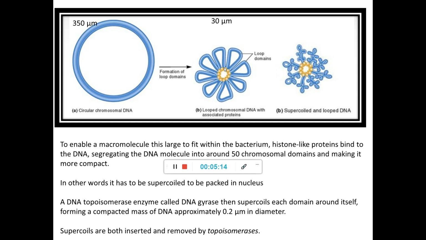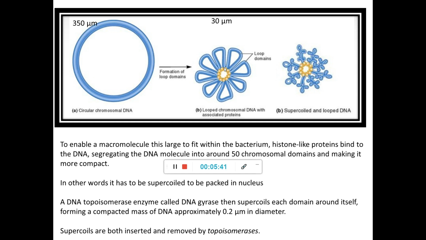To make this happen, there are certain proteins, and further, to make it more supercoiled, you need the help of certain proteins such as the DNA topoisomerase enzymes called the DNA gyrase. DNA gyrase supercoils each domain around itself, forming a compacted mass of DNA which is approximately 0.2 micrometer in diameter.